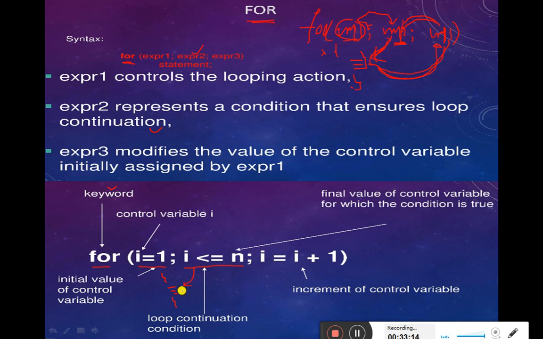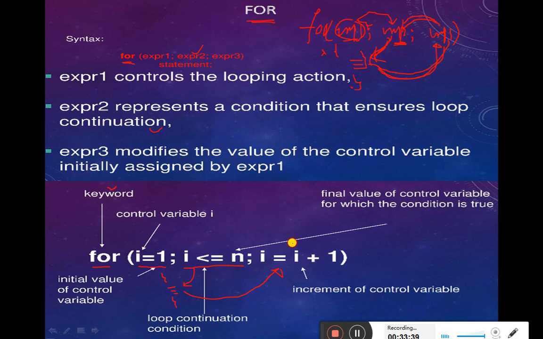After executing all the statements in the body of the loop, we will go to expression 3. It's a loop updation expression where we update the value of I, the loop control variable. So maybe increment or decrement depending on the requirement of the problem.